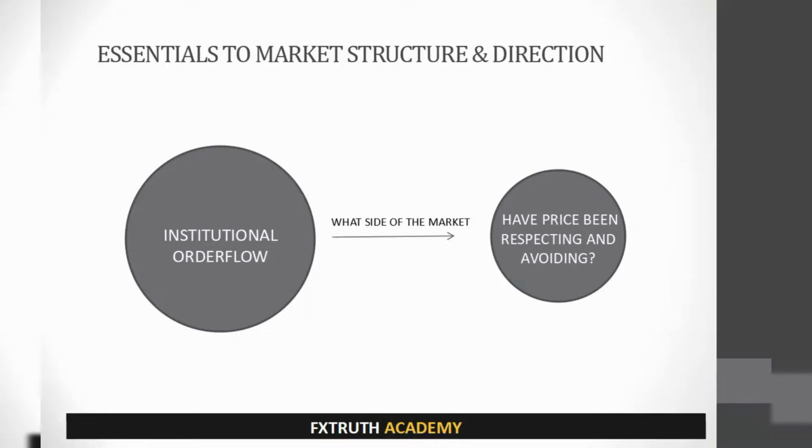Then you want to pay attention to what side of the market is being respected in this segment of consolidation, and on the other hand, what side of the market is being avoided in this consolidating area. These are the things you need to have at the back of your mind, the process and walkthrough that help you define market structure and direction for high probability trades.